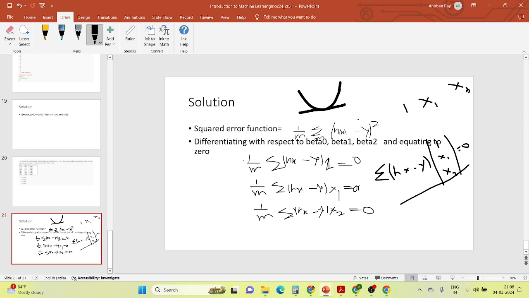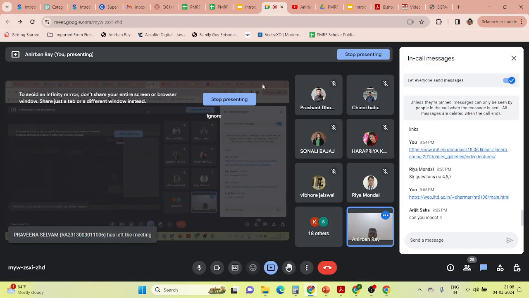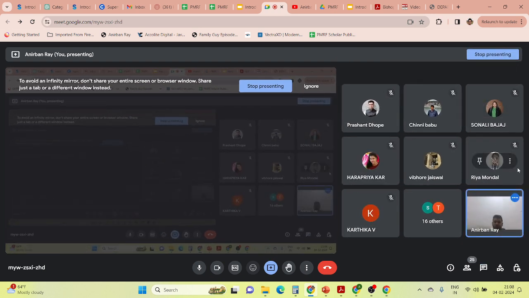Same thing: squared error, differentiate with respect to the 2 parameters a and b, and then solve. Any more doubt?